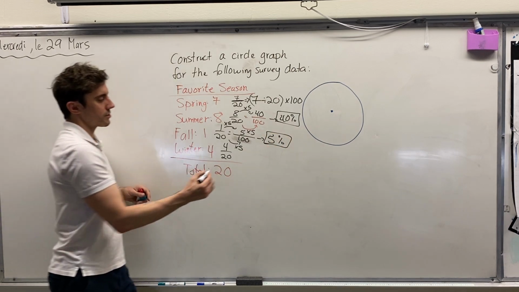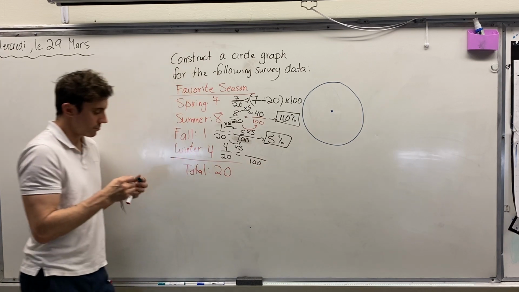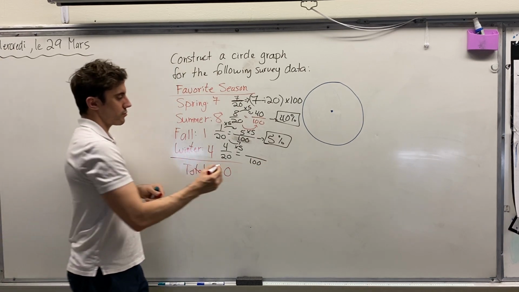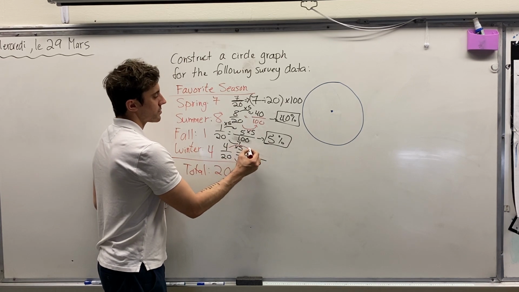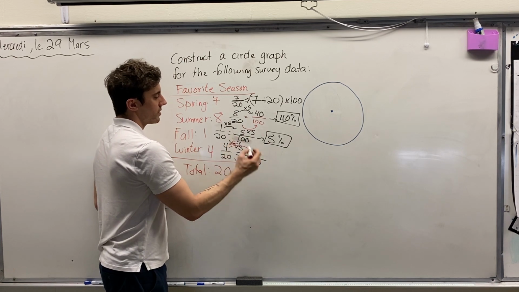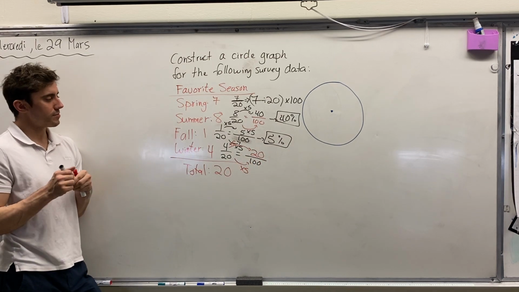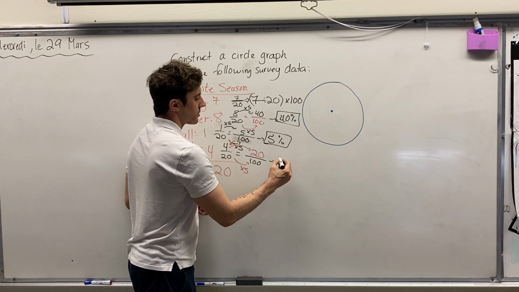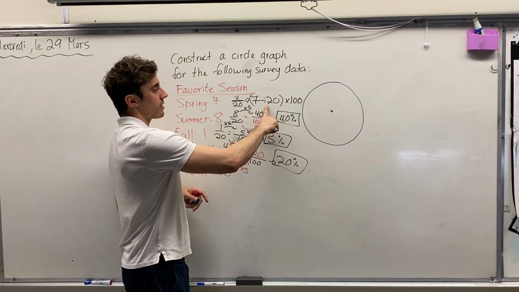And finally, winter at 4 out of 20 converts nicely into hundredths, because 20 times 5 becomes 100. And so 4 times 5 gives us a numerator of 20. And one more time, 20/100 converts naturally into 20%, okay? Again, you can use this first strategy for all of these.